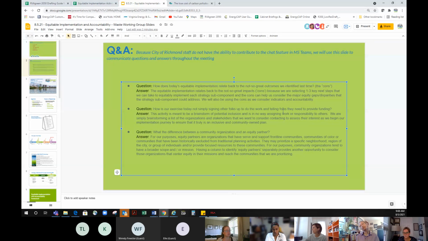They might prioritize a specific neighborhood, support specific regions of the city or groups of individuals, or provide resources to those communities. The community organizations just have a broader scope. The equity partner column is another opportunity to consider other organizations that center equity that might not come to mind first.